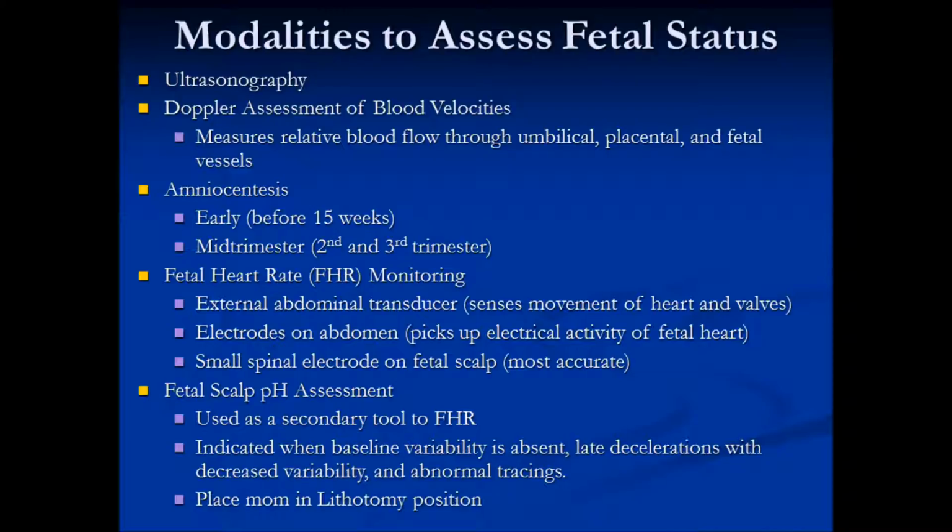Whenever there is a break in fetal skin, and they give you examples that could break the fetal skin, like anencephaly, that means a not well-formed brain, or meningomyelocele, spina bifida, where things are exposed.